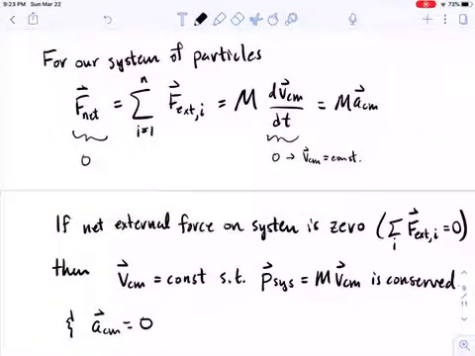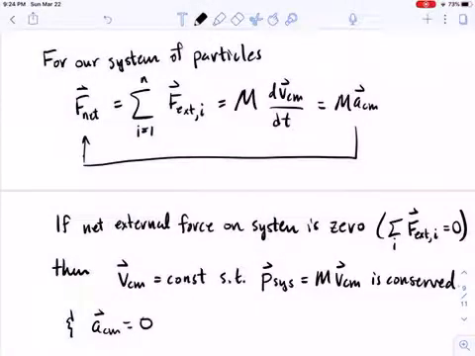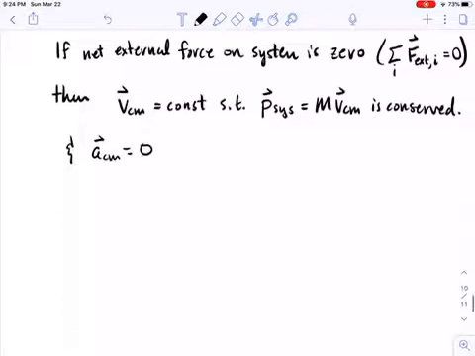Another thing we could notice about this expression, and so let's get rid of these things so that we have the general expression in front of us, is that F net equal to mass times the center of mass acceleration looks exactly like Newton's second law for a point mass.